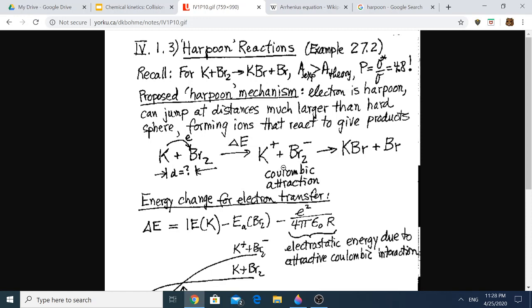It's just because now they are charged. Once electron transfer completes, the potassium becomes a cation and the bromine becomes an anion, and hence they mutually attract each other because they are unlike charges. They attract each other along a particular line of approach, and once they physically contact each other, there will be some electronic reorganization, and we get KBr salt and a bromine atom. I hope you understand the harpoon, fisherman, fish analogy.